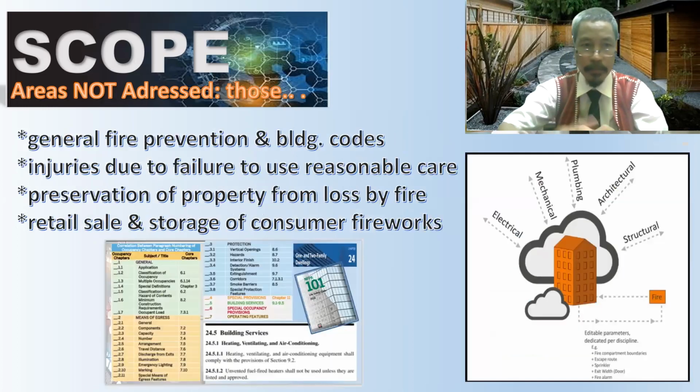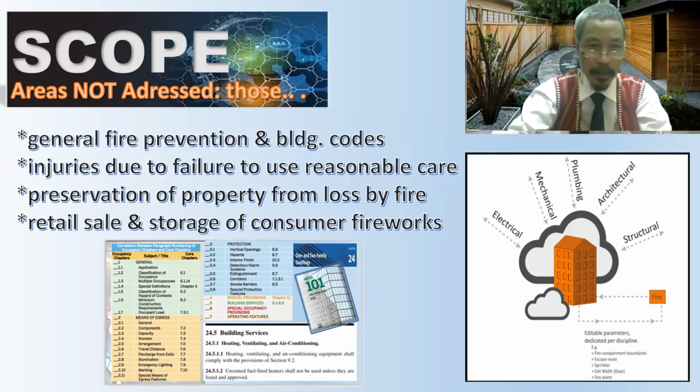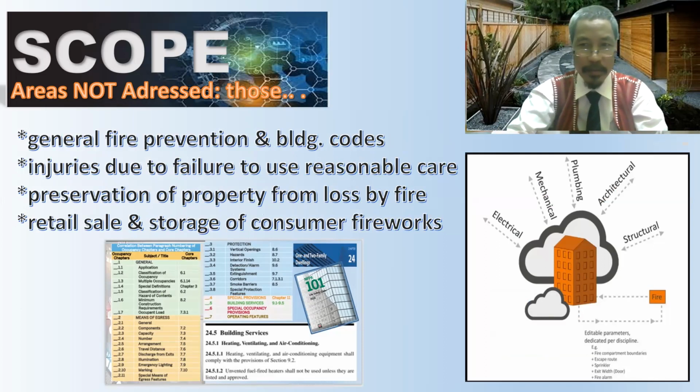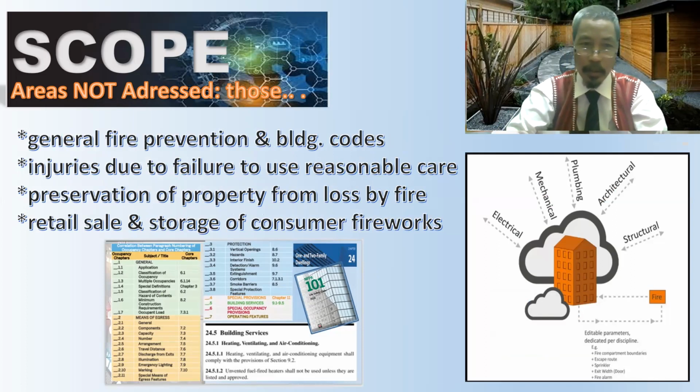So we have delimitation. Usually we have scope and delimitation or limitation. Those are the areas not addressed by the code. Those are general fire prevention and building codes.